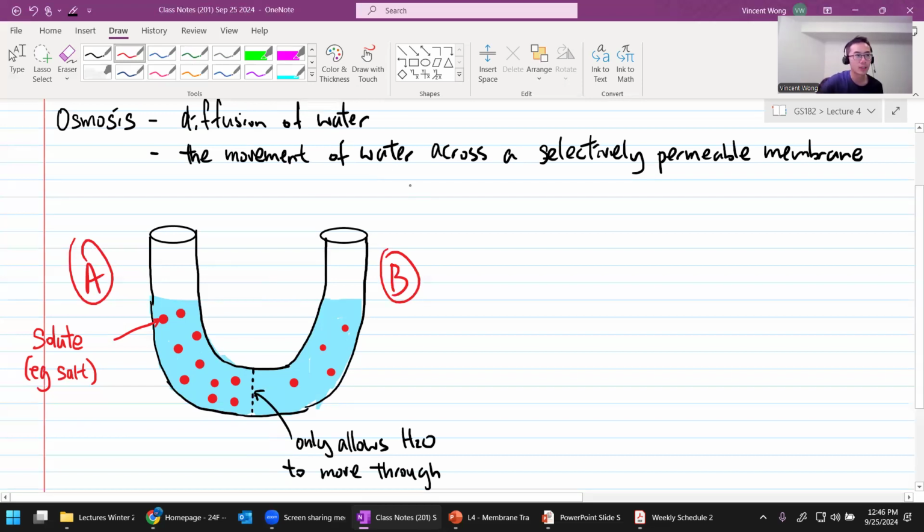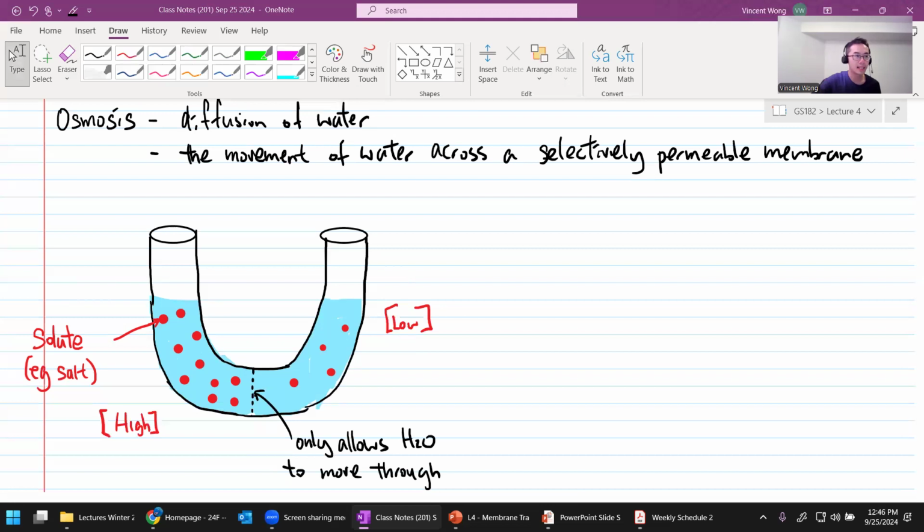It's not a trick question. Okay. Most people got it right. The left side, because it has more salt in the same amount of volume, has higher concentration. High concentration. And here is low concentration.